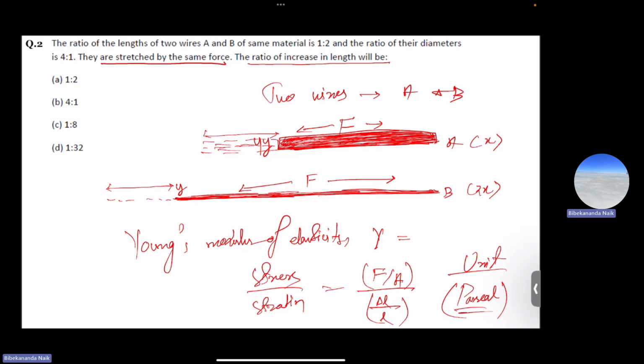So now let's calculate. One thing we should keep in mind: the two wires are of the same material. So if the material is the same, the Young's modulus will be the same. So for both cases, the Young's modulus will be the same. So we need to find out the ratio of the change in length of the two wires.